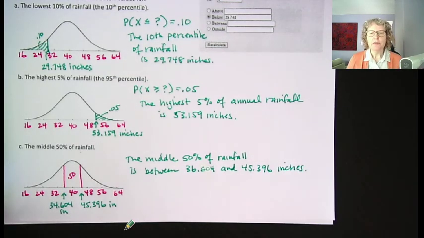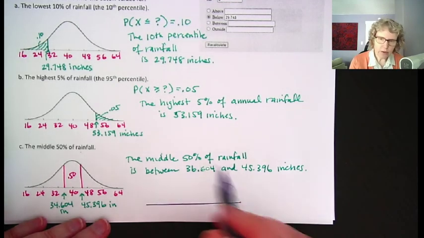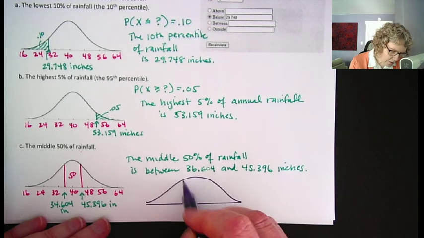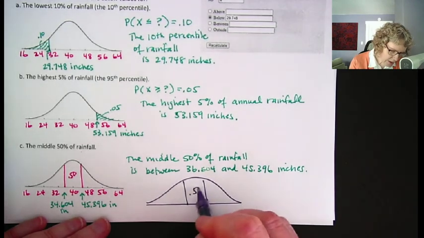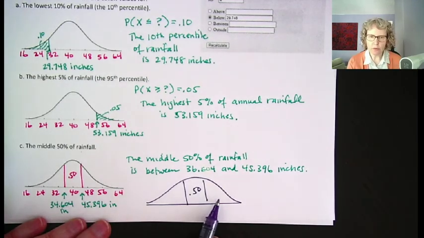Now, if you use Geogebra for this, there's a little extra thing you have to do because it doesn't automatically put the 50% in the middle. So I want to show you this in case you need it later on for any reason. Let me draw another sketch right here. If our middle 50% is right here, we need to calculate what percentage is on the left and what percentage is on the right.